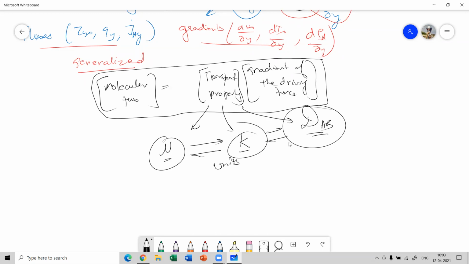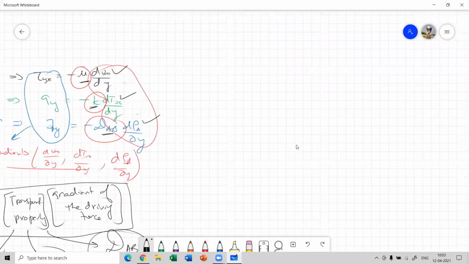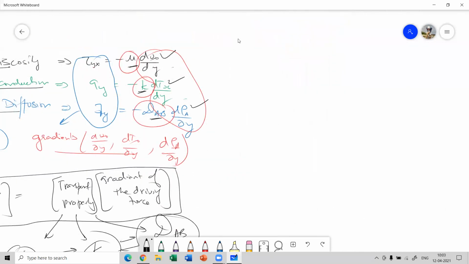So in order to express them in a standard form, what we can do is rewrite these equations. If you look at the Newton law of viscosity, that is tau yx, let's multiply and divide by rho. So we can write it as mu by rho, d of rho vx by dy, where let's say rho is some sort of a constant.